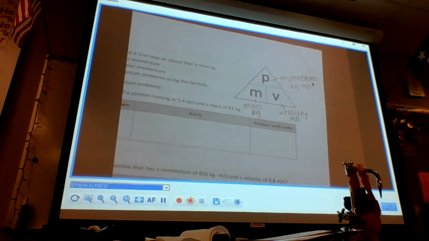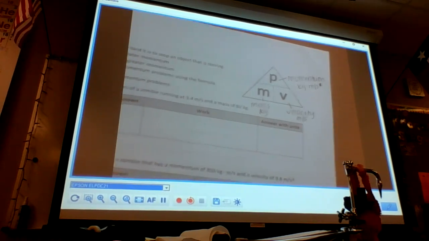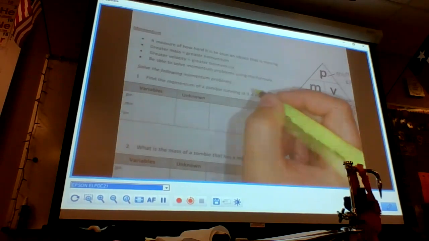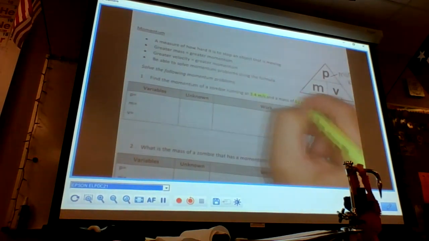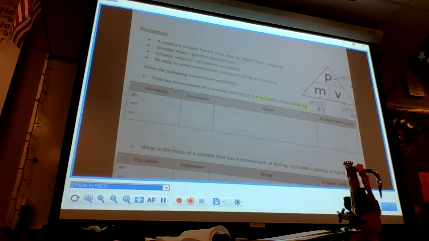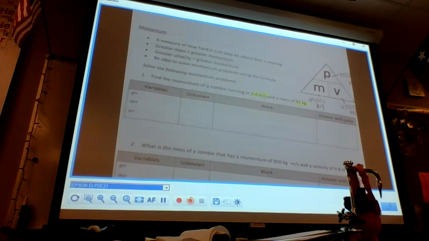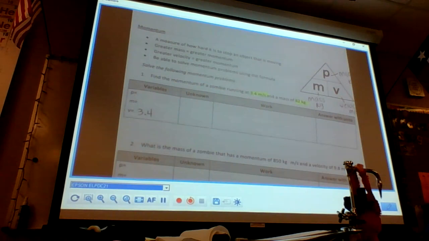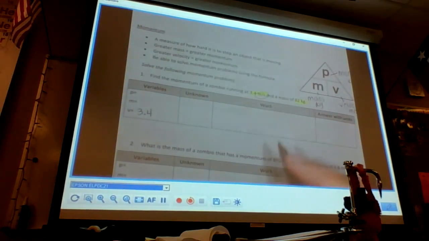Now, let's go solve these problems. Alright, find the momentum of a zombie running at 3.4 meters per second and a mass of 82 kilograms. Where am I going to put 3.4? On velocity. Yep. Okay, because remember, meters per second goes with velocity. And what about 82 kilograms? Where does kilograms go?